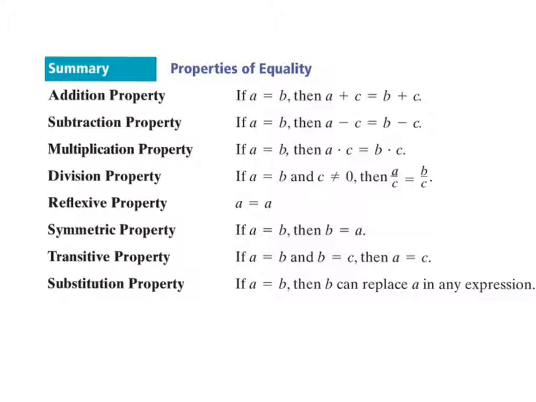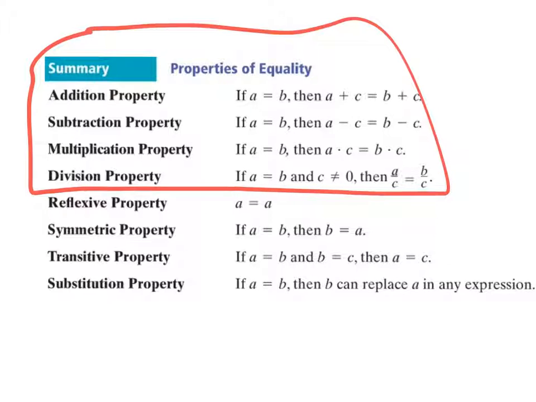Okay, now I want to talk to you about the properties of equality. Really, just for this lesson, I want to talk about this group, but I wanted to show you that there's 8 of them altogether. The first one is the addition property: if A equals B, then A plus C equals B plus C. If I add C to both sides, it's going to be equal.